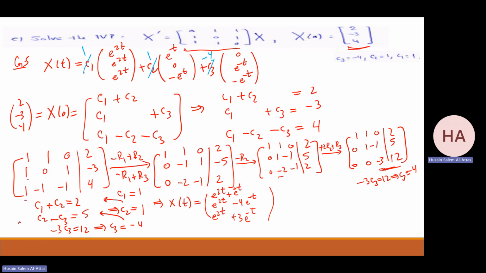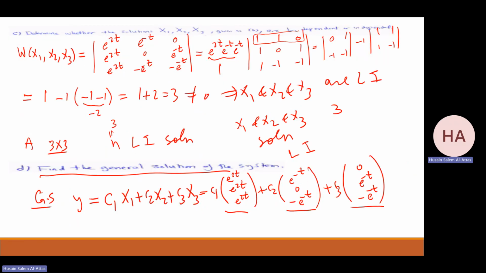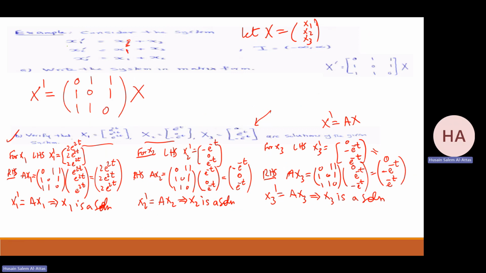These solutions, let me explain what I said before. Let me use this color. This is x1 of t, x2 of t, x3 of t. What I mean by x1, x2, x3, I mean these functions.